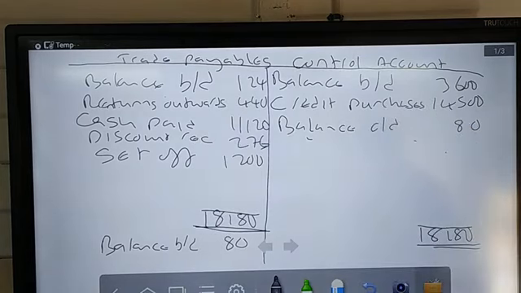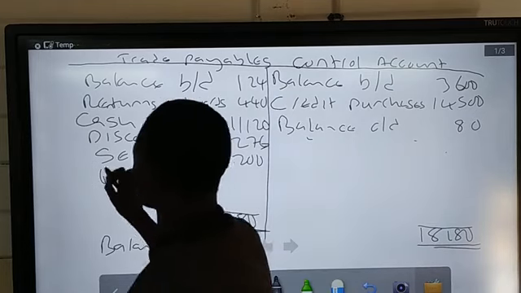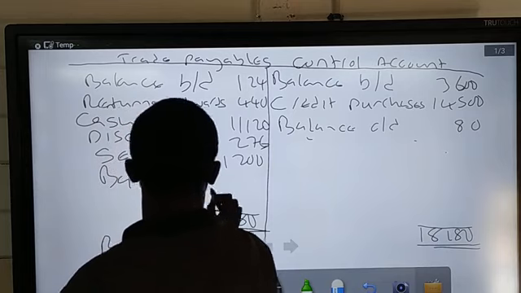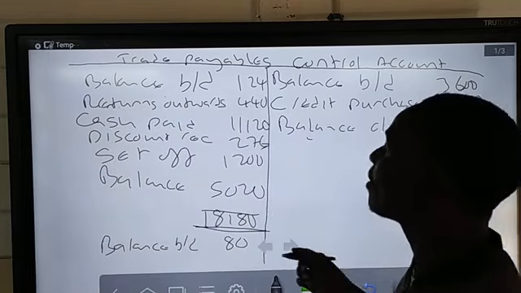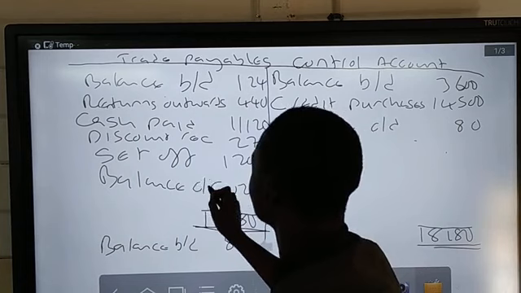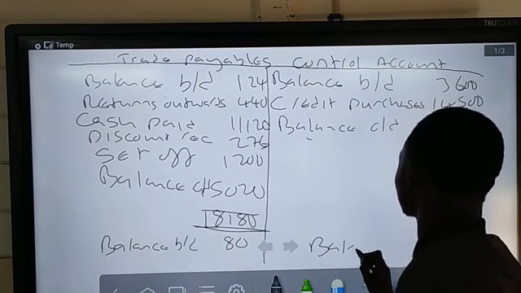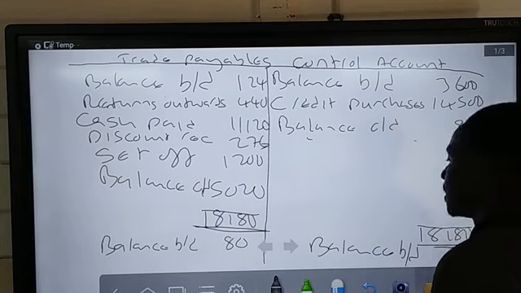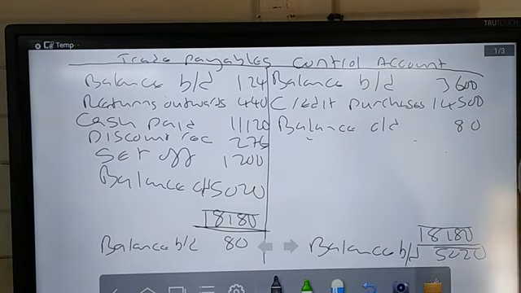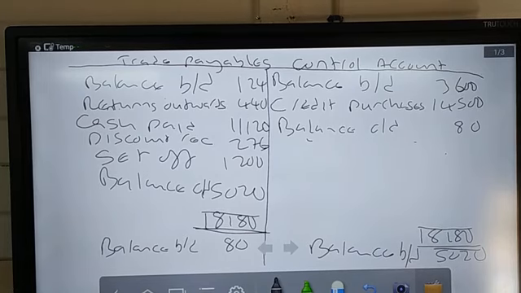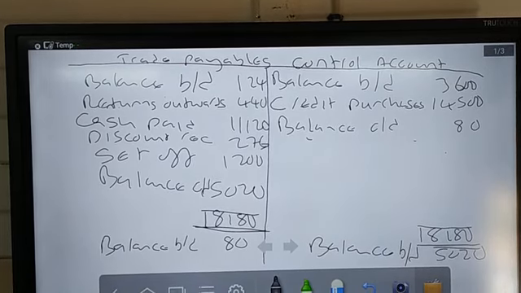Then subtract 124, 440, 11120, 276 and 1200, and we get 5020. That's our balance carried down, which we bring down here as balance b/d 5020. So that's how you prepare a receivables control account and a trade payables control account.